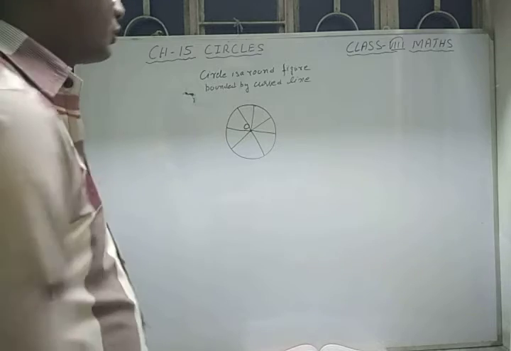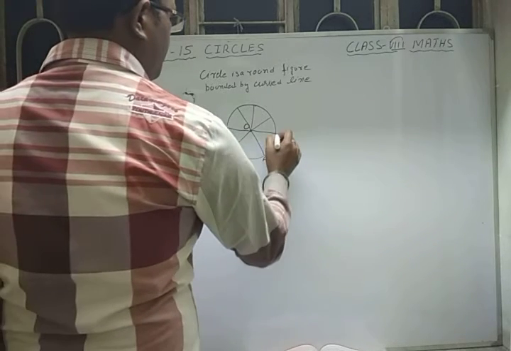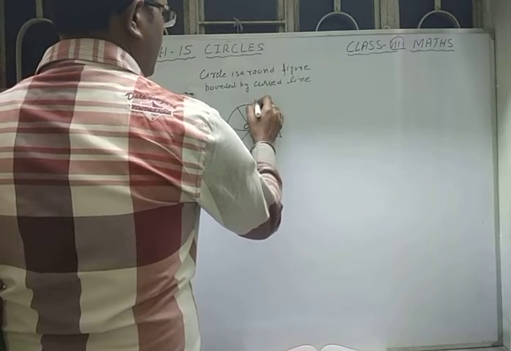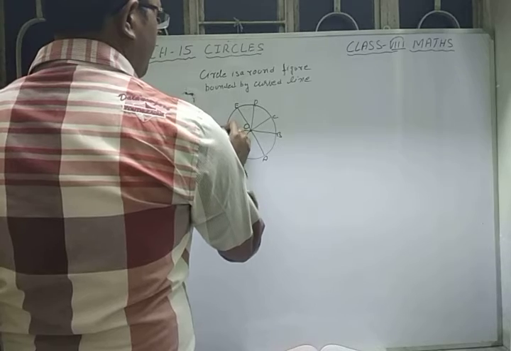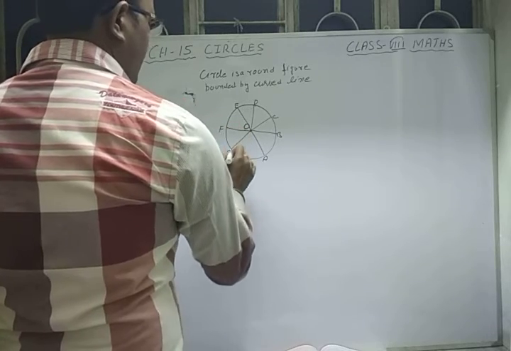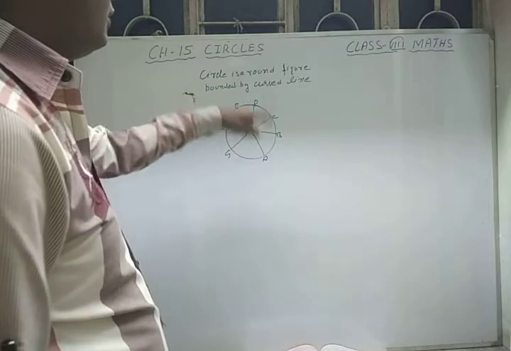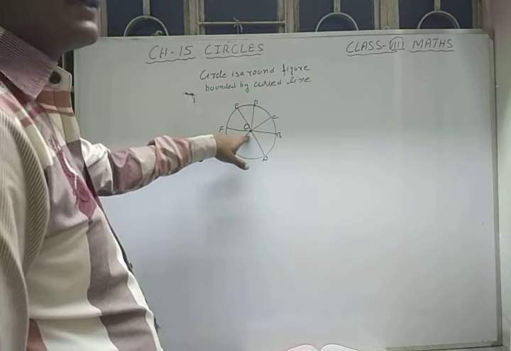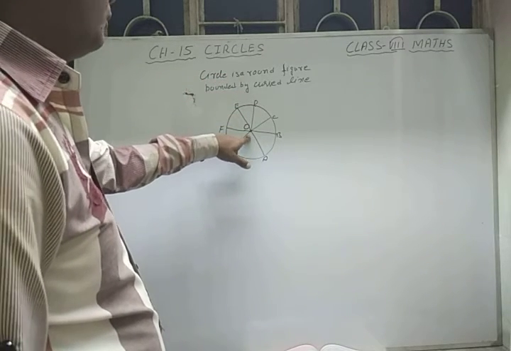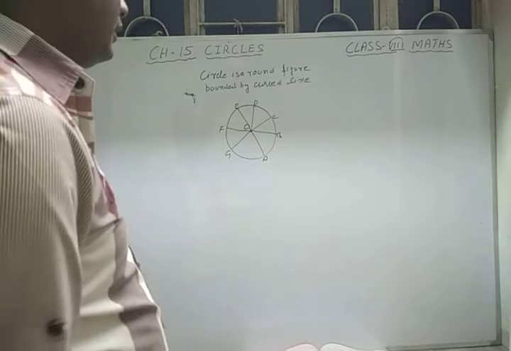Okay, so all these points A, B, C, D, E, F, G and so on. There will be infinite number of points, and each of all these set of points are equidistant from this fixed point O. Then it is called a circle.